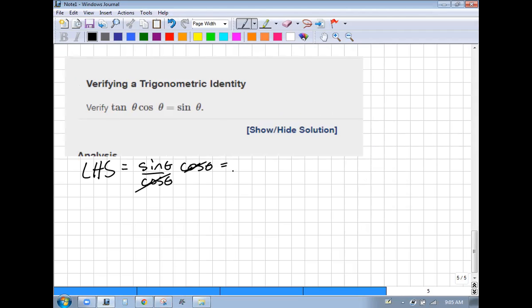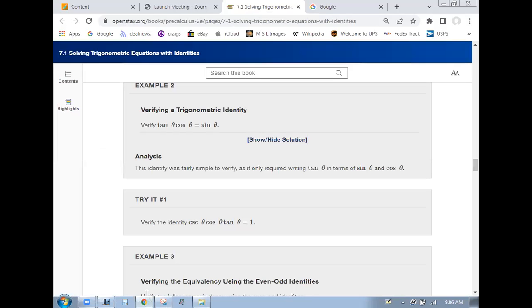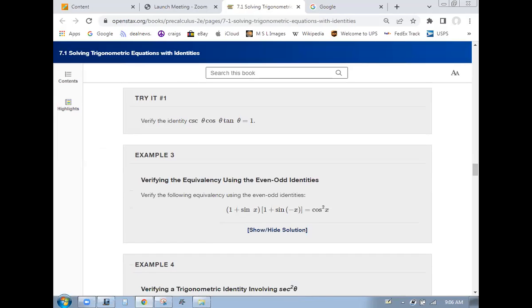So you can see that, yeah, the left-hand side is equal to the right-hand side at all times. So this is an identity, all right? So sometimes you do start with one side and work your way to the other side. That usually works if one side is simple and the other side is complex. But sometimes both sides are hairy.